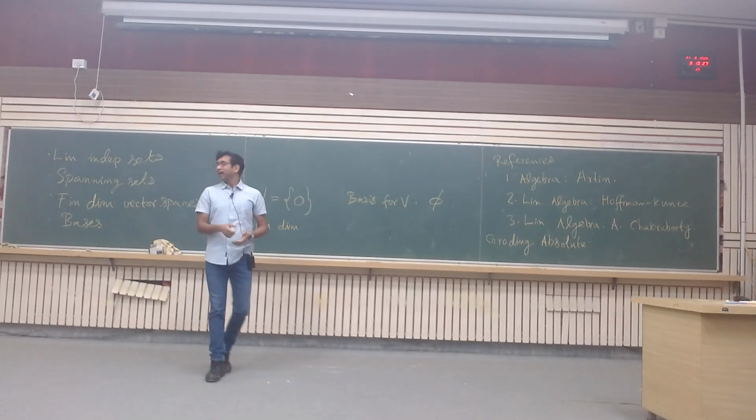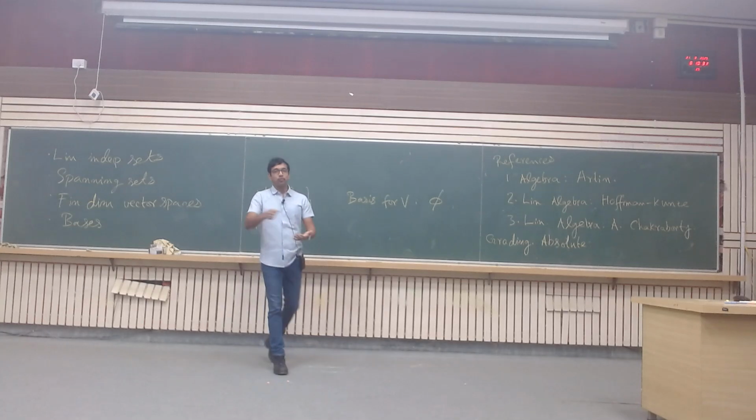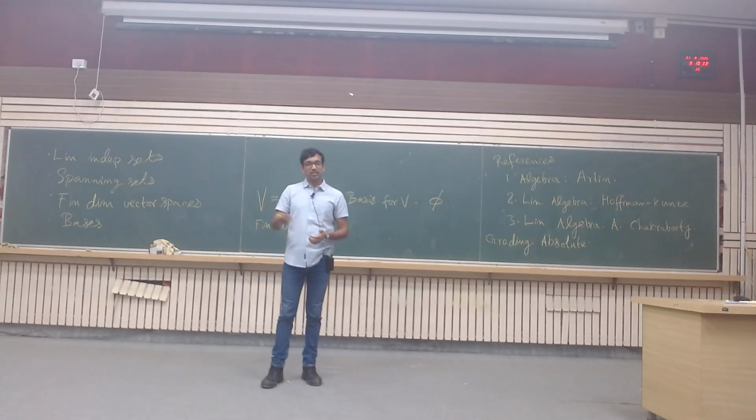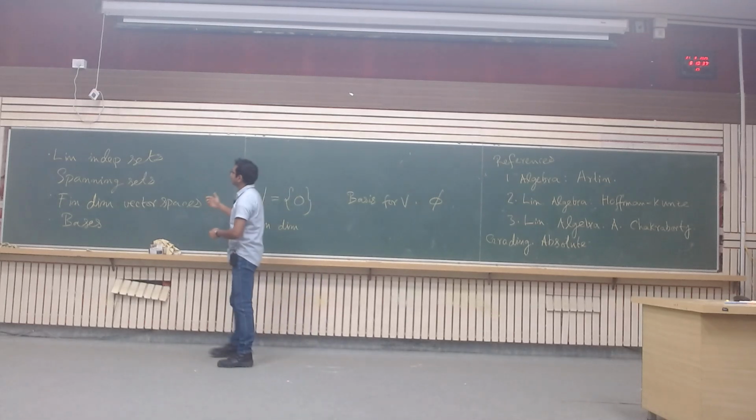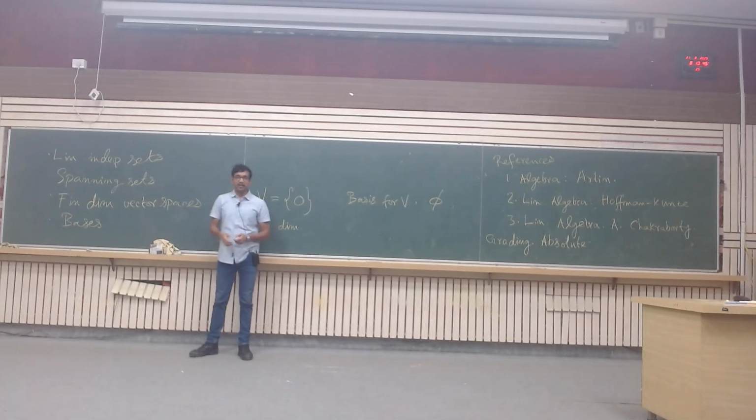Okay, and suppose you have a spanning set. Suppose you append more elements to it. Does it still remain spanning? All right. So now we are going to see what happens the other way. That is, if you add elements to a linearly independent set, or if you discard elements from the spanning set.